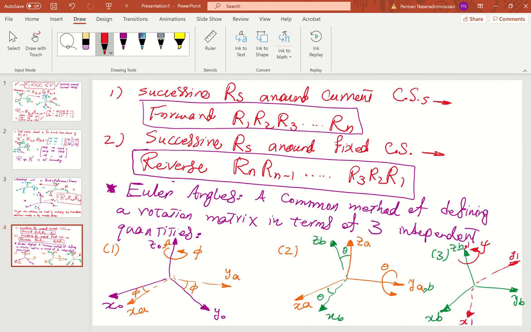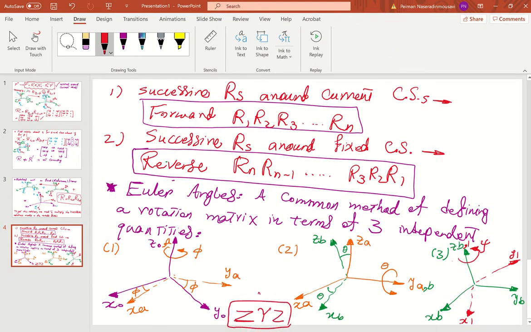So simply, if I want to make it short, we name the rotations z, y, z. For simplicity, we memorize it like this: z, y, z. This is the Euler angles. A very important way of memorizing what the Euler angles are: z, y, z rotations. Z, then we rotate around the new y and then the new z.